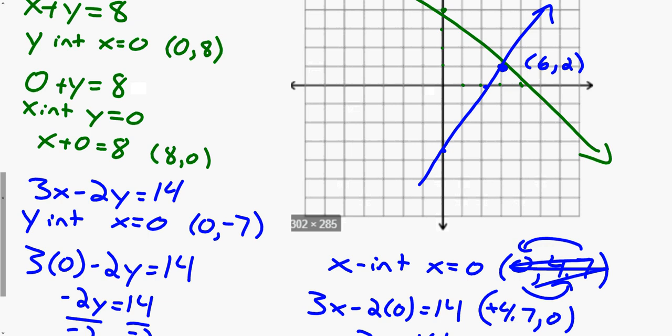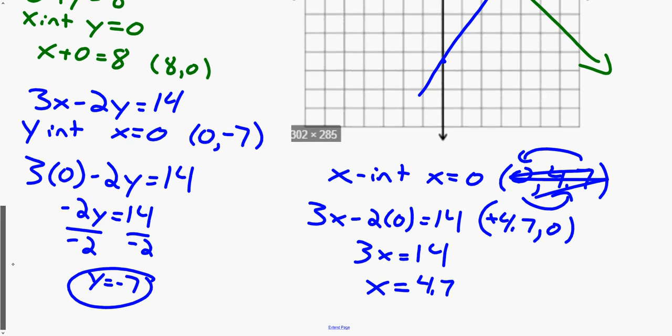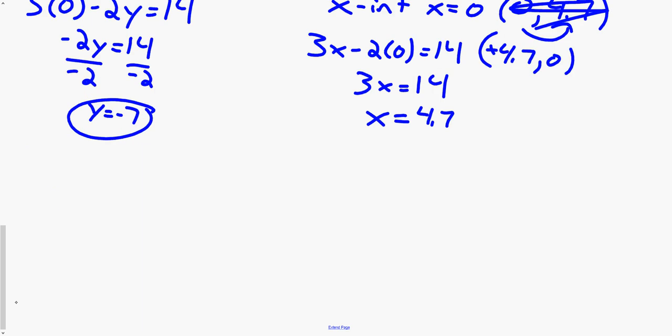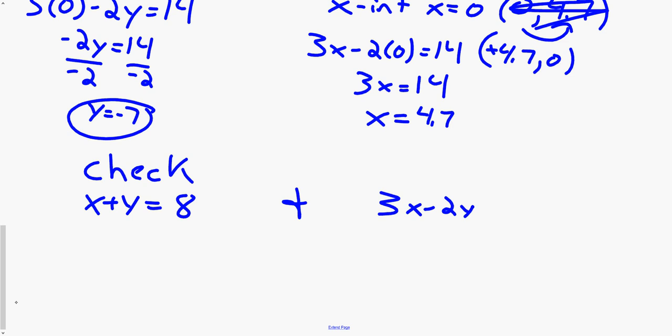Now, what's nice about this is you can actually check your work, because this is where they'll both be the same. So you perform a check. You take both your original equations and plug these in for both x and y.